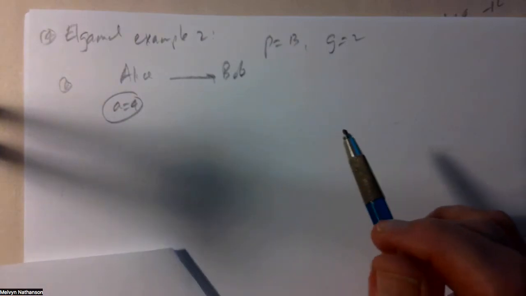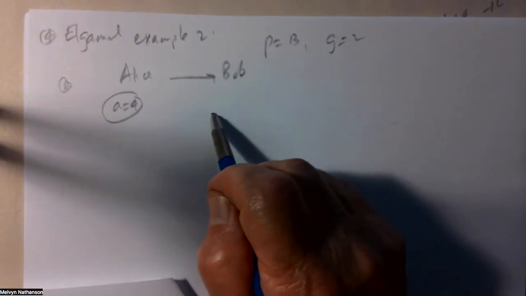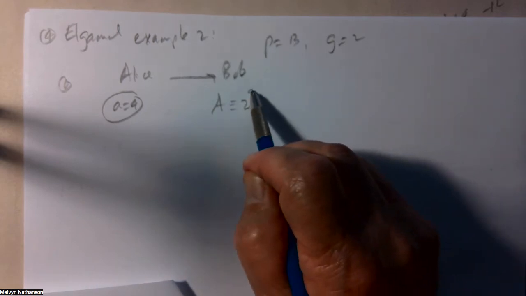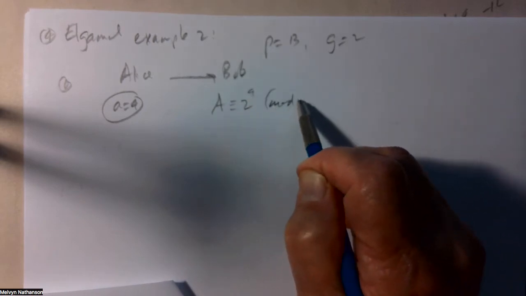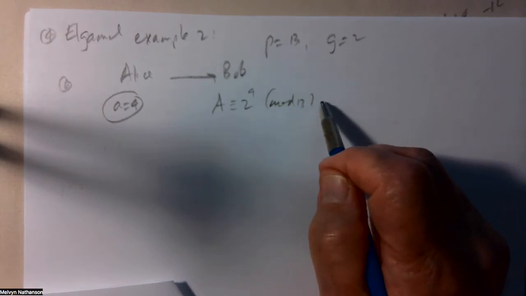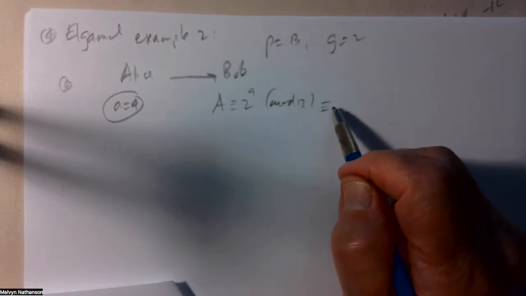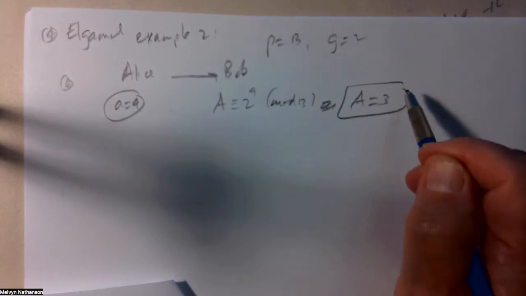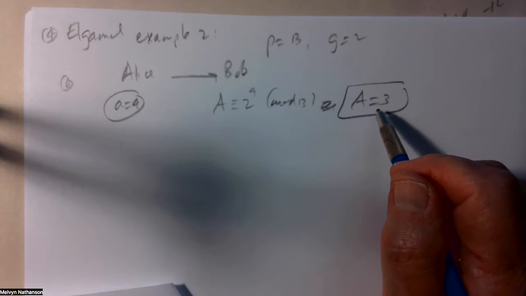That's all Alice knows. So what she sends to Bob is the number A, which is congruent to 2 to the 4th mod 13, which is 16 mod 13. So she sends Bob the number A equal to 3.